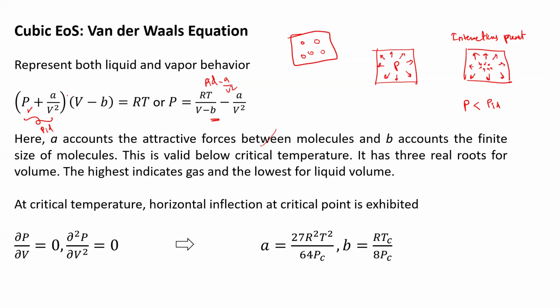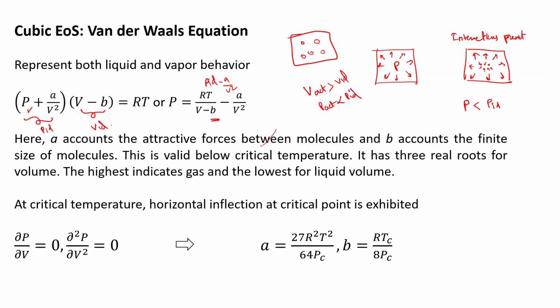So that's how we represent PV equal to RT, where this is now the ideal. V actual is greater than V ideal and P actual is less than P ideal. And this is the van der Waals equation.